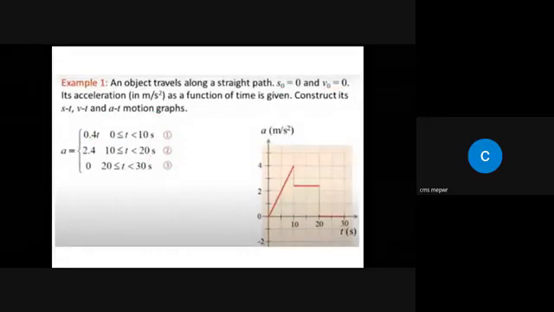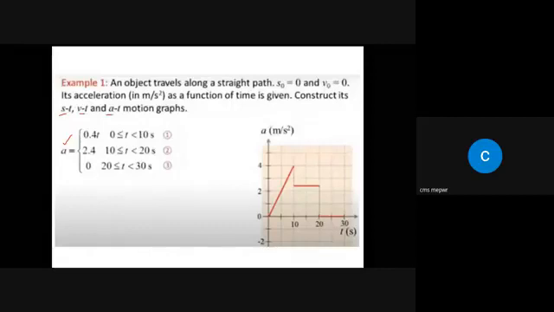And then for the second time interval... Sir, this is not the ST graph, this is the AT graph. You found acceleration. We already have acceleration given, right? Sir, you were saying the ST graph. Okay, what we have in the question is: construct ST, VT, and AT motion graphs.